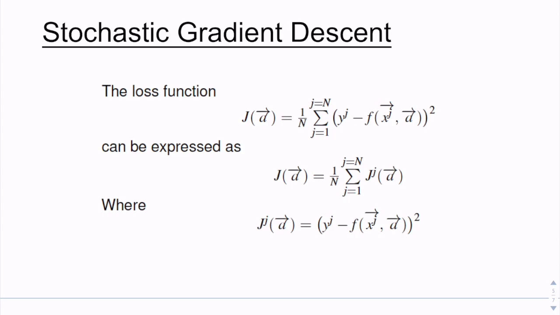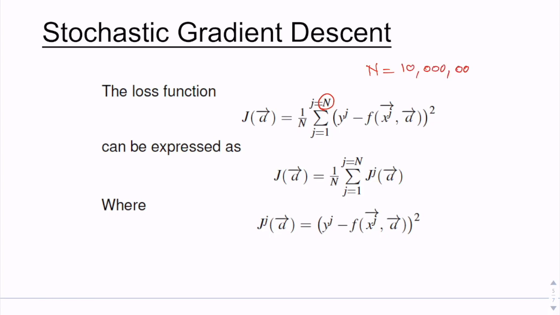One of the problems with the gradient descent algorithm is that it could be very slow. The reason is that when we form the objective function, we compute the loss or error over all samples, which is n, and n could be on the order of 10 million or more.